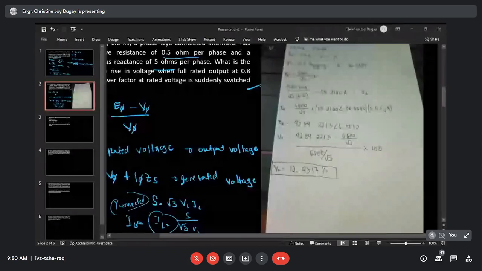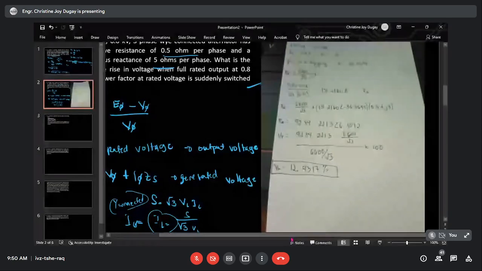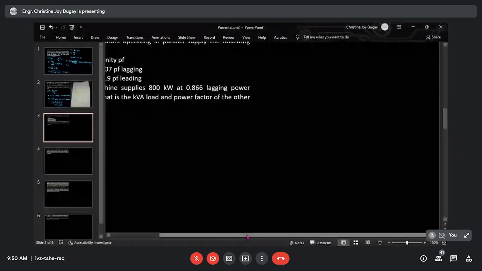Okay, so seems like wala, no? Let's continue with number 3. Can you please solve again for number 3? And later, if you have your solution, send to our GC. In parallel supply, the following loads po natin.